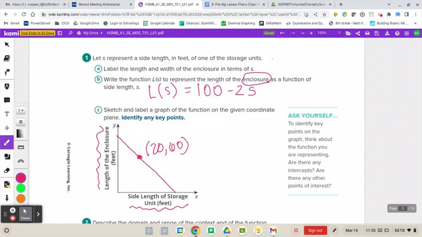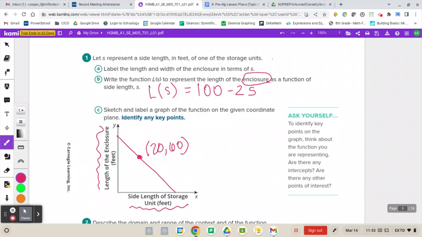Ella. It means that the enclosure is 60 feet long, and then the storage areas are 20 feet long. Not the areas, but the length of the storage is 20 each, yes.